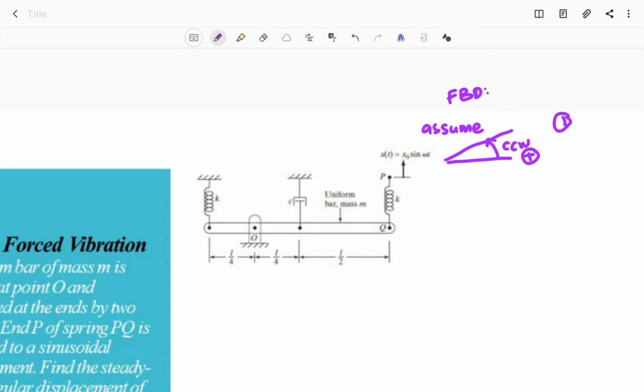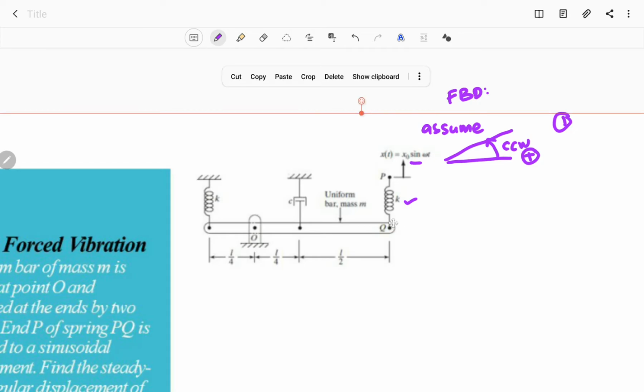And notice that in this problem, you do have input to the system, x naught sine omega t. So we have to ensure that this k is in between the displacement at point Q and the other point P here, which is x.